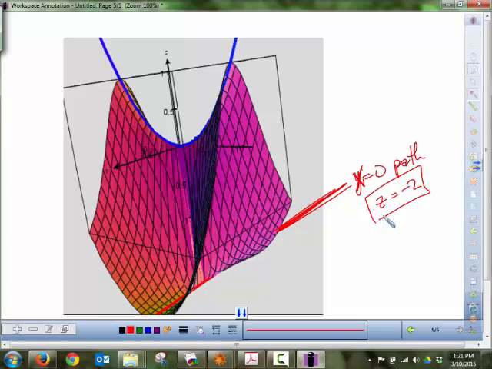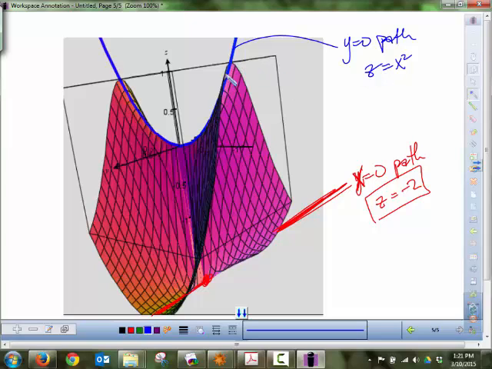So when x is equal to 0, that's the path you take, and then I see that I'm down 2 units when I'm walking there. And then on the other hand, over here, this is the y equals 0 path, and z is equal to x squared. That's this parabola right here.